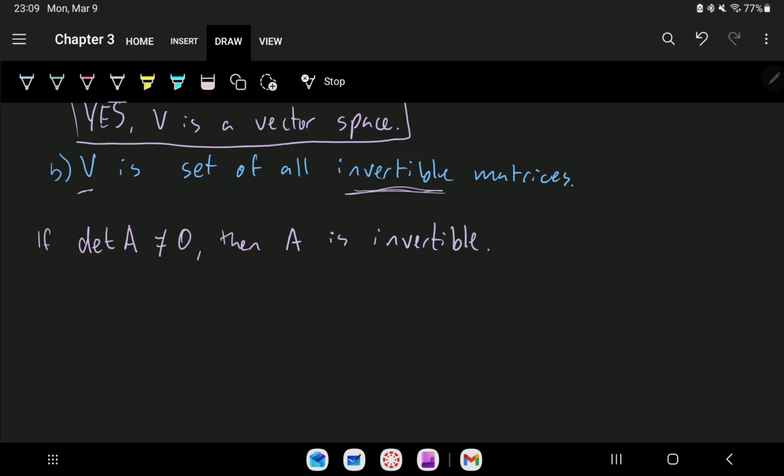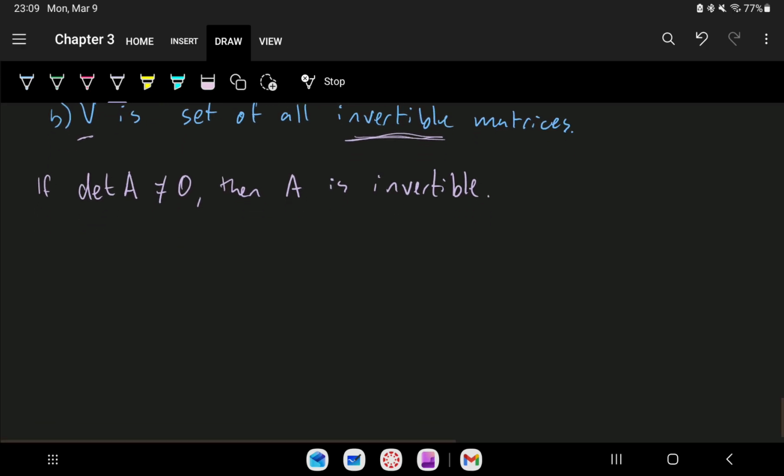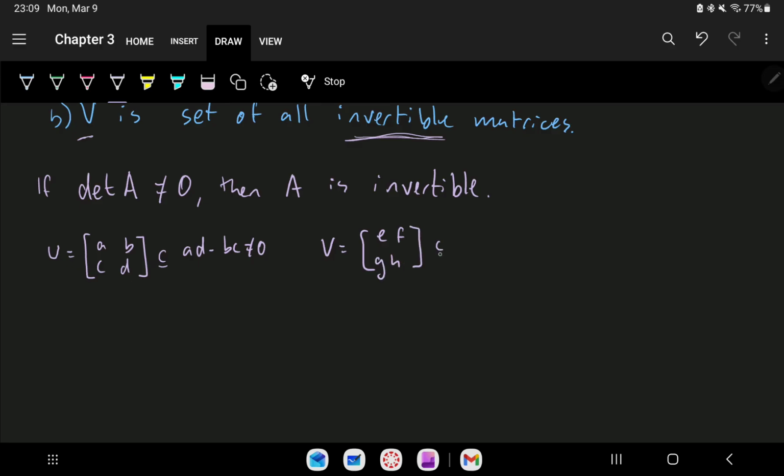Now, this is kind of a weird thing, right? I mean, how exactly are we supposed to clearly write out A, B, C, D such that AD minus BC is not 0, and we have V that's going to be E, F, G, H such that EH minus FG is not equal to 0.